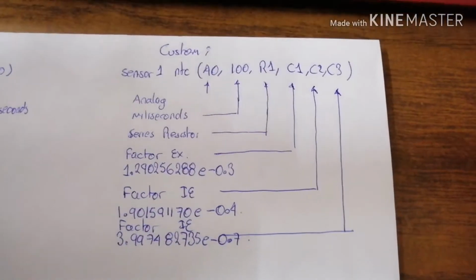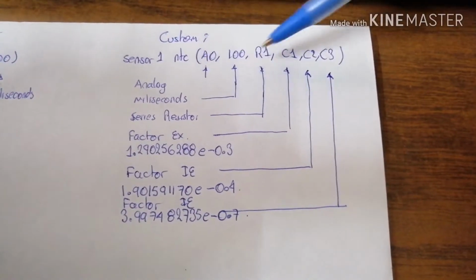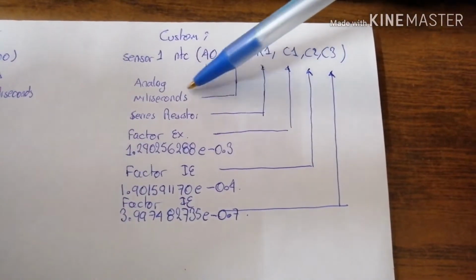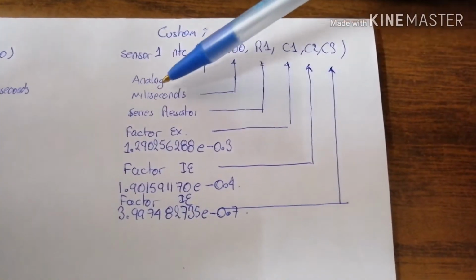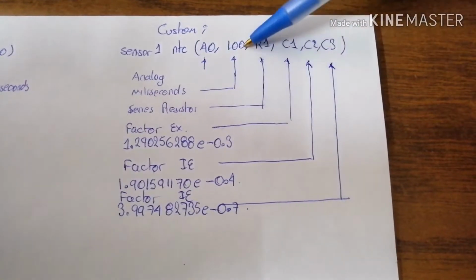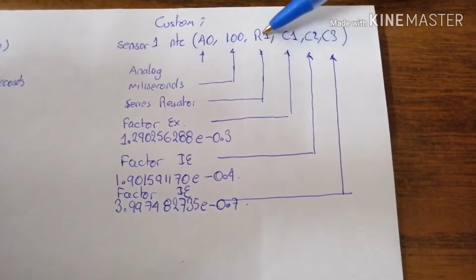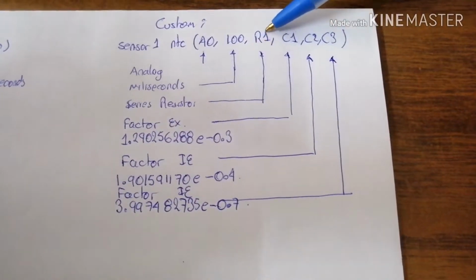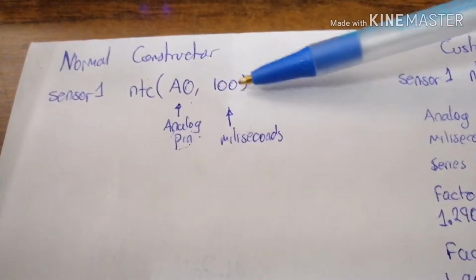So the next constructor has to be something like this. It has to be named NTC, about the library, and then the constructor. So A0 is the same, it is an analog pin. Next we have milliseconds between readings, in this case 100 milliseconds, and in the third place we have the series resistor value, which is here, and in this case might not be declared.